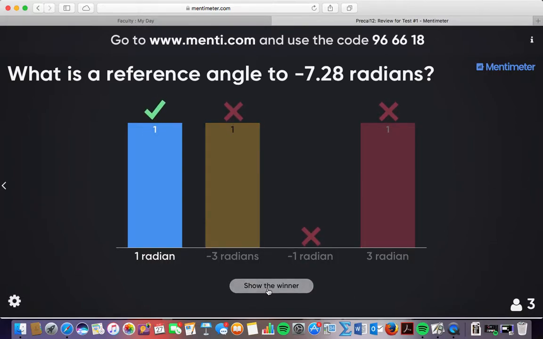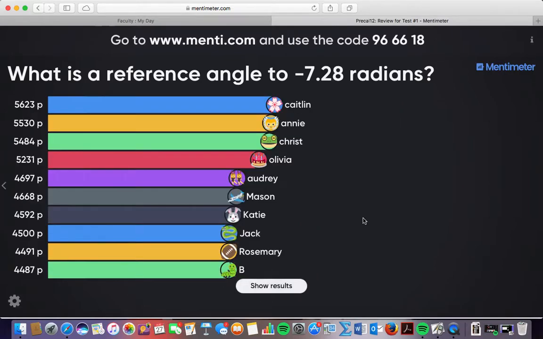The winner of this, who got that right? That 1 radian. The winner. That was me. Should have been. It's coming. Caitlin, Annie, and Christine, I think it was y'all 3. Come and see me. Yeah, y'all placed. Y'all got them. Come on.